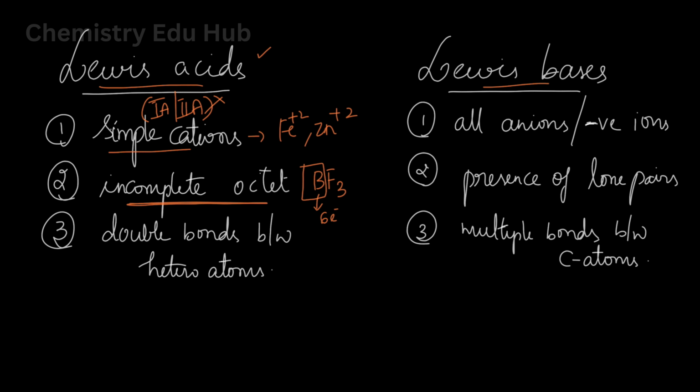And the molecules containing a double bond between heteroatoms, suppose nitrogen dioxide or sulfur dioxide or carbon dioxide, where there is a double bond between carbon and some other element, or sulfur and some other element, nitrogen and some other element. So we call them heteroatoms. Those molecules can act as Lewis acids.